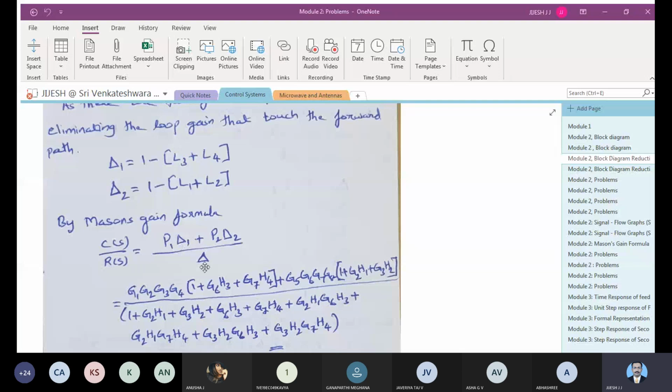Even after shifting the summing point, the equation remains the same: x3 equals Gx1 plus or minus Gx2. You should make sure the output remains the same even though the blocks are being shifted. That is what you can see here, and we discussed all these things at that time.